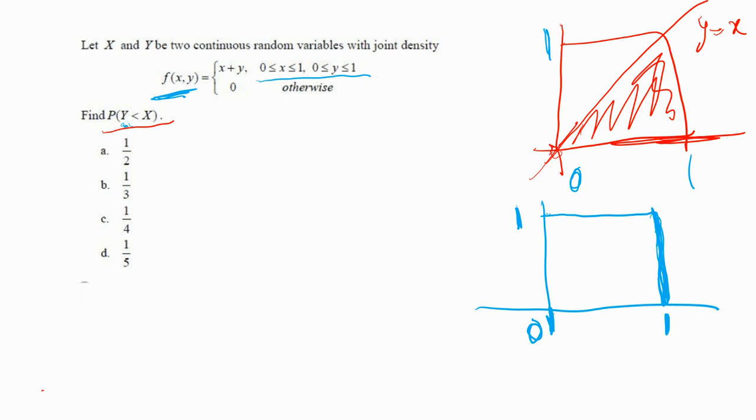Now we want to find y less than x. Probability when y less than x. So if you have any inequality given here, you just need to consider it as an equation firstly, to make the line. So let's just say y is equal to x. Now what is y is equal to x?